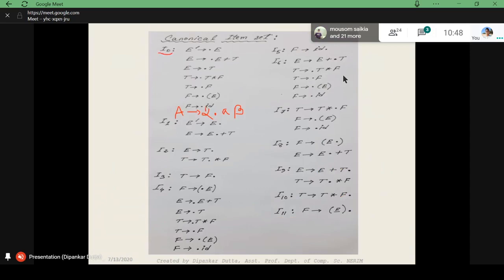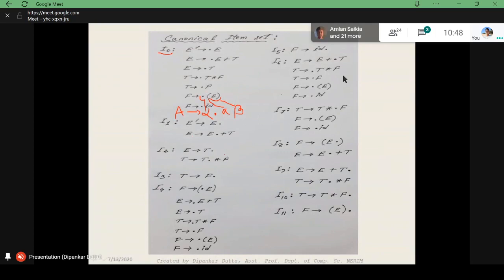What is alpha? Alpha is null. What is A? A is the left parenthesis. What is beta? Beta is capital E and right parenthesis.